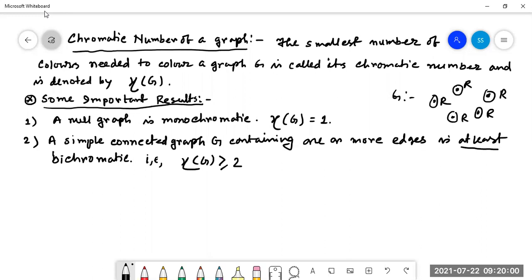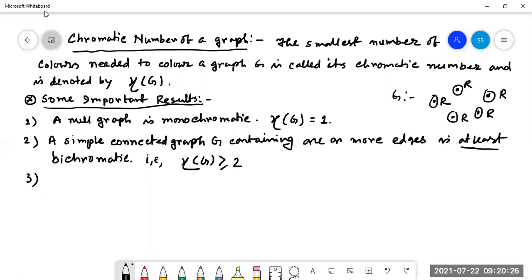In the previous graph we have already seen that it is a connected graph and the chromatic number is 2. So you cannot reduce this 2 into 1. Bichromatic, bi means 2. Is it clear?